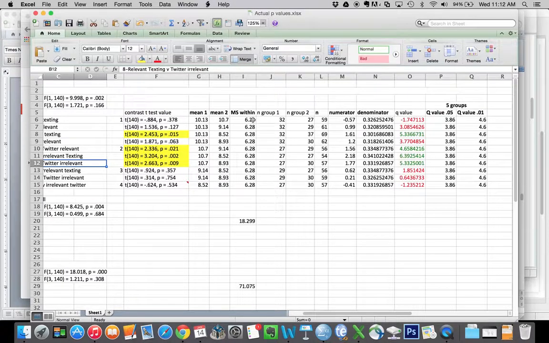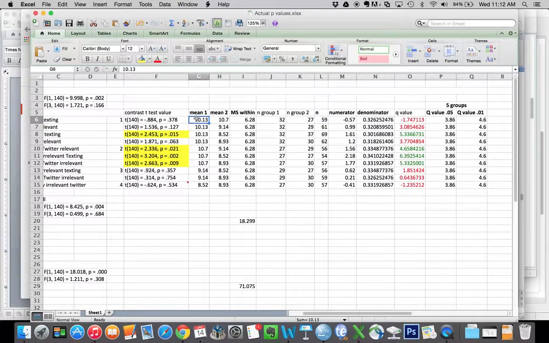That's the numerator position, and in the denominator position, it's the square root of the mean squared within divided by n. What I'm guessing it means for n is if you add up the two n's of the groups you're using, that overall n for the two groups you're pulling from. So that's what I've got in this column, just adding up the n of group 1 and the n of group 2.